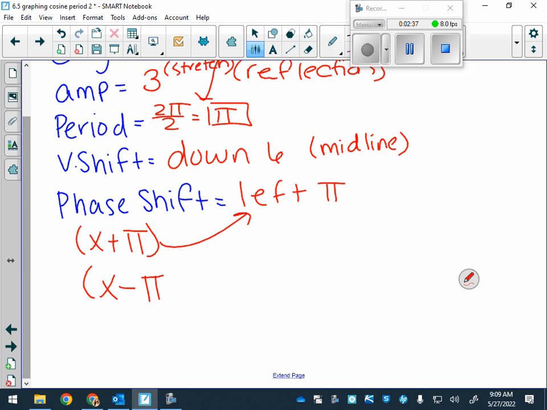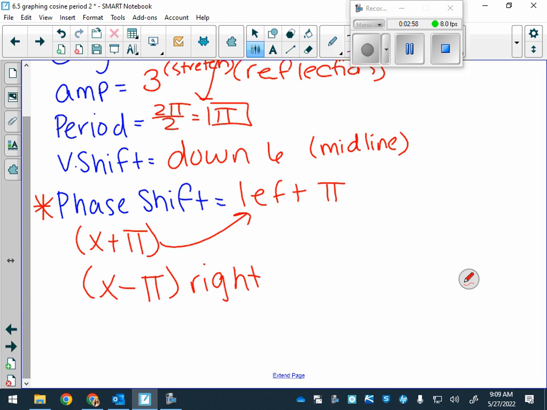If it is x minus, what direction? Right. Okay. So this is new to us. Okay. We will see how these graphs look. You will not be tested on graphing phase shift, however, identifying phase shift.